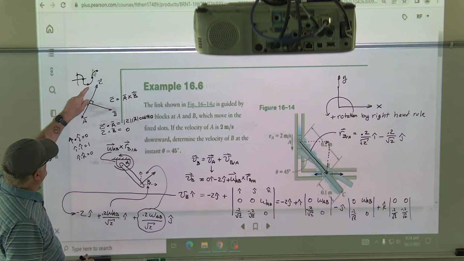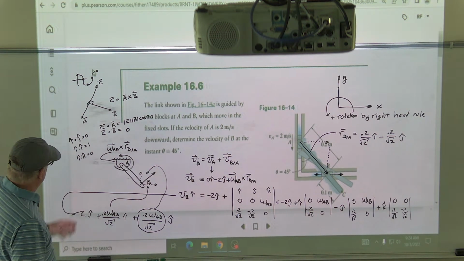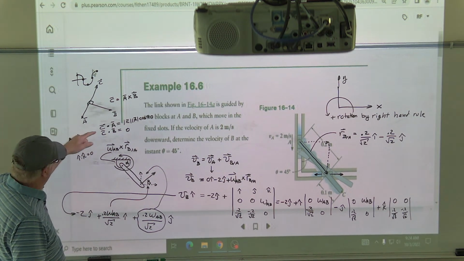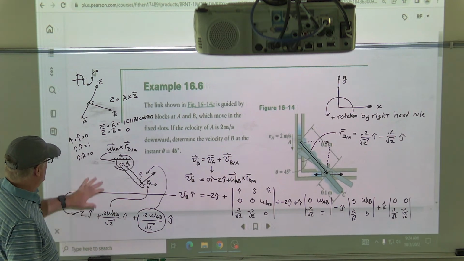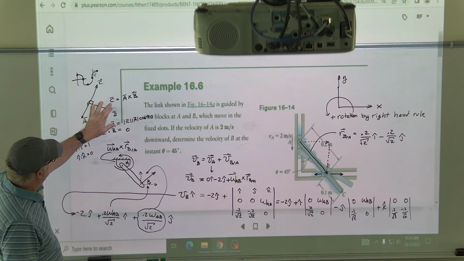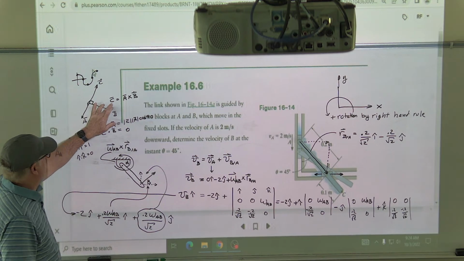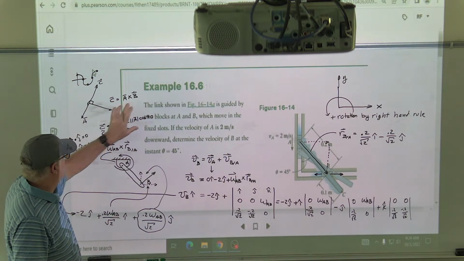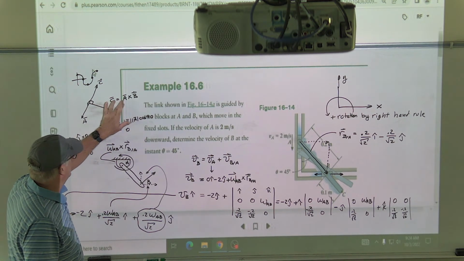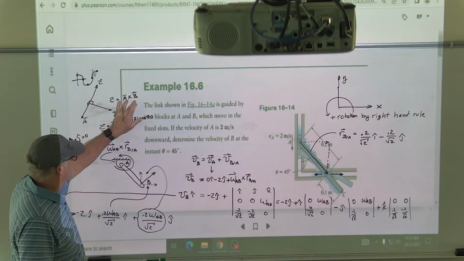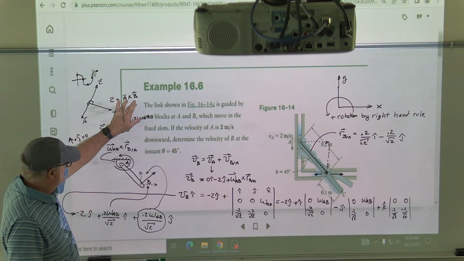It's 90, 180, 270, 360. So in fact, if you took a vector generated from a cross product and you dotted that vector back against either one of these, you should get a 0.